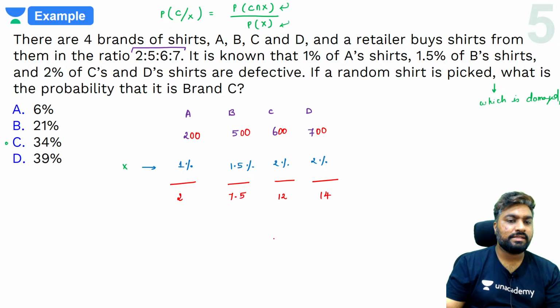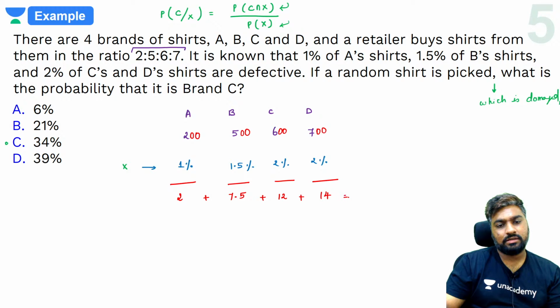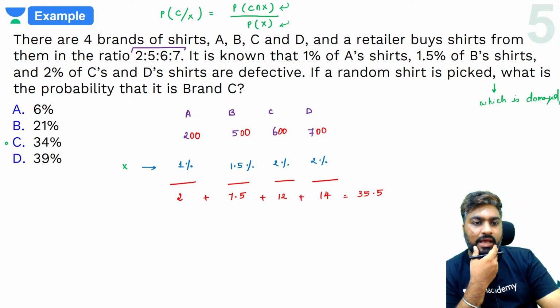Are you understanding this? Yes. So total damaged goods are how many? 2, 14, 28. 28 plus 7.5 is 35.5. Agreed, guys?